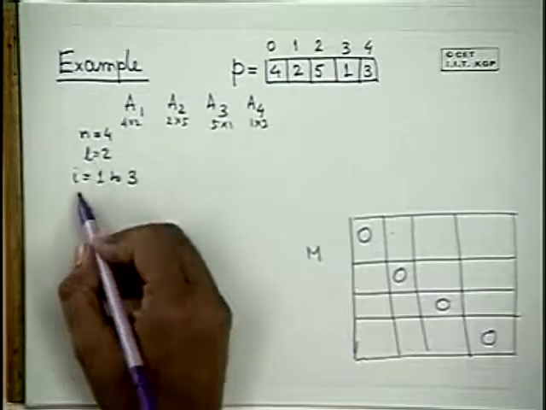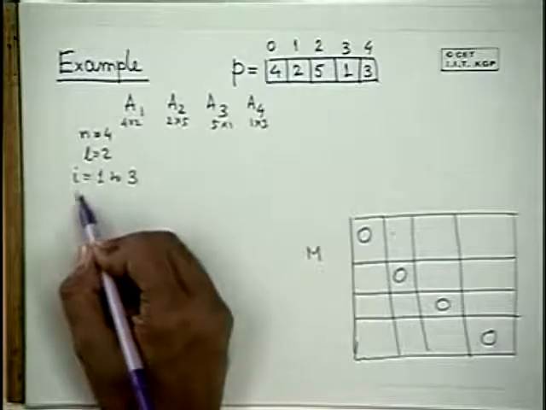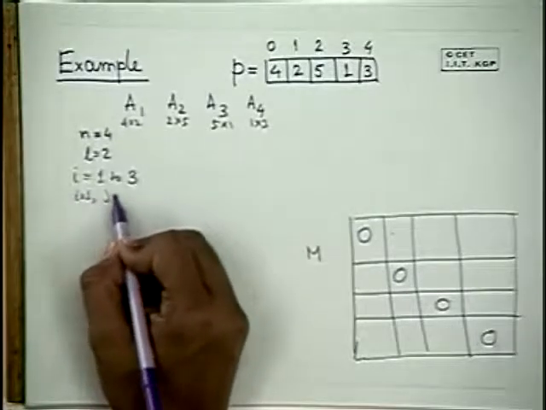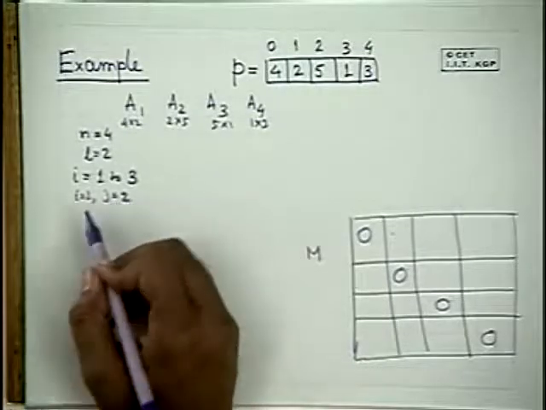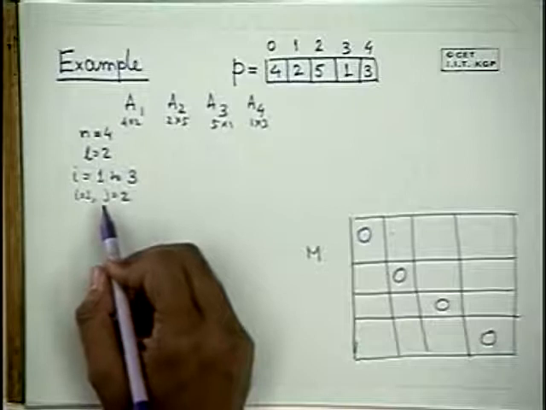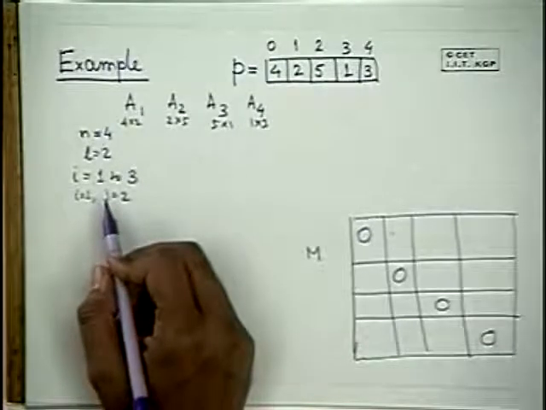So when I is equal to 1, what is J? J should be I plus L minus 1, so J should be 2.